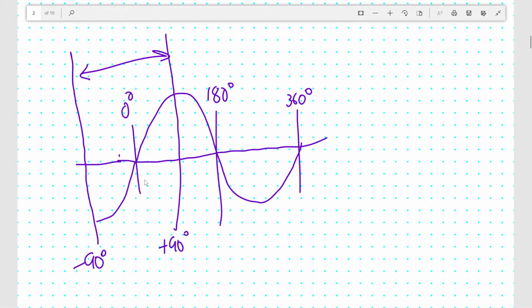It's up to you to find out which other angles have the same value of sine theta.